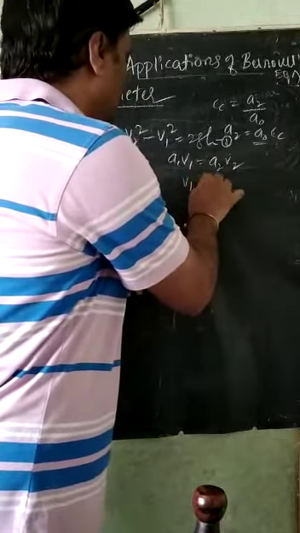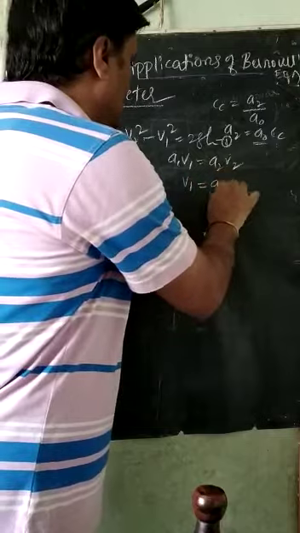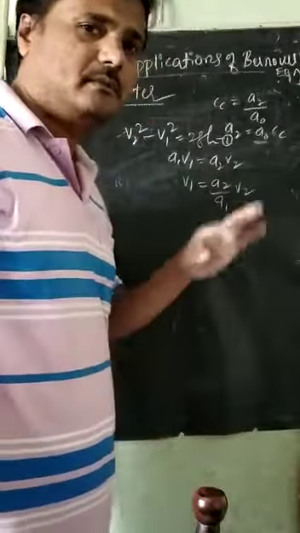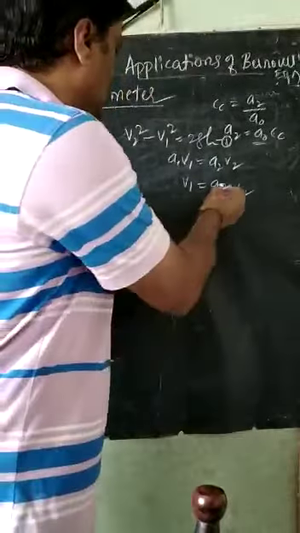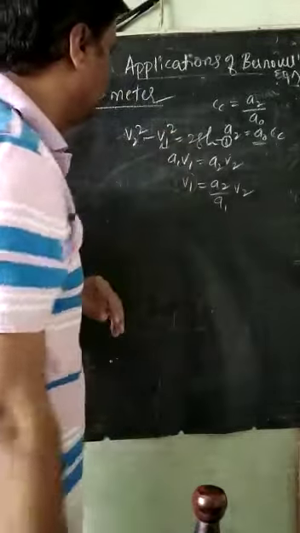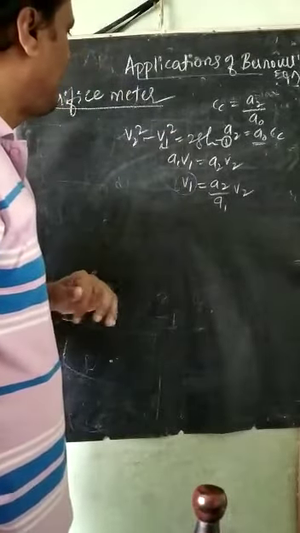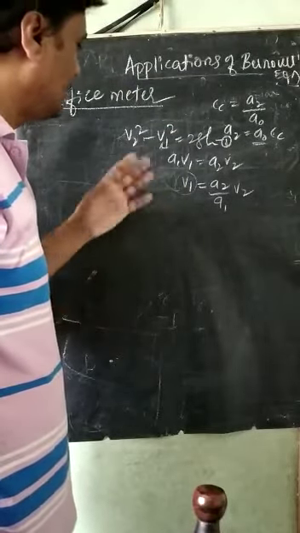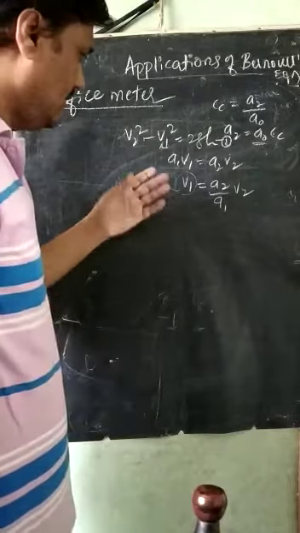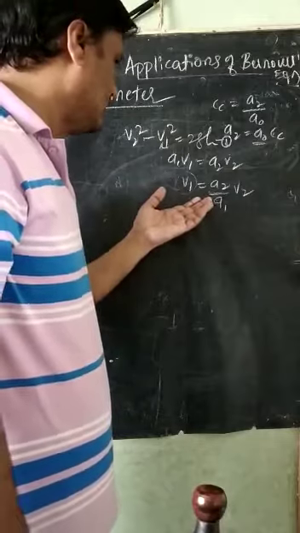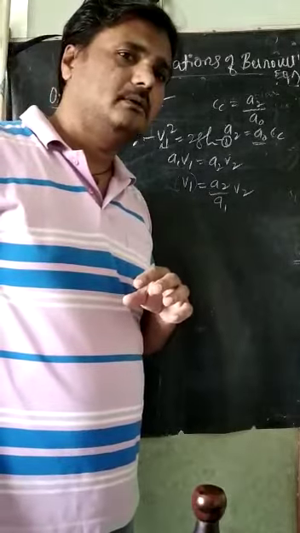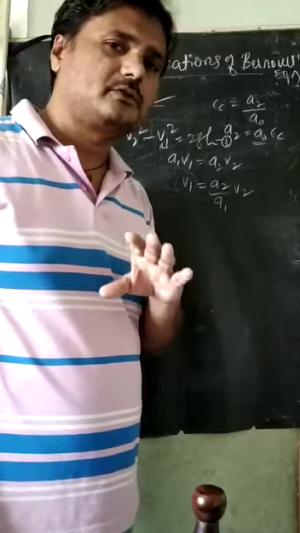V1 is equal to A2 divided by A1 into V2, as we have done in the venturimeter. V1 and A1 are parameters related to section 1, which is the pipe.